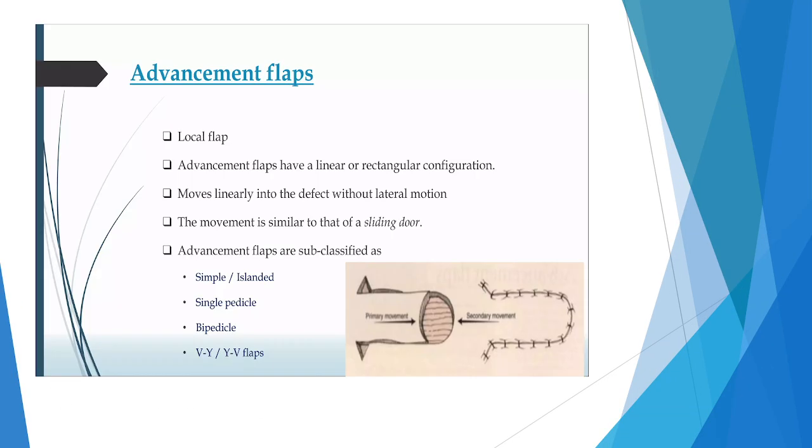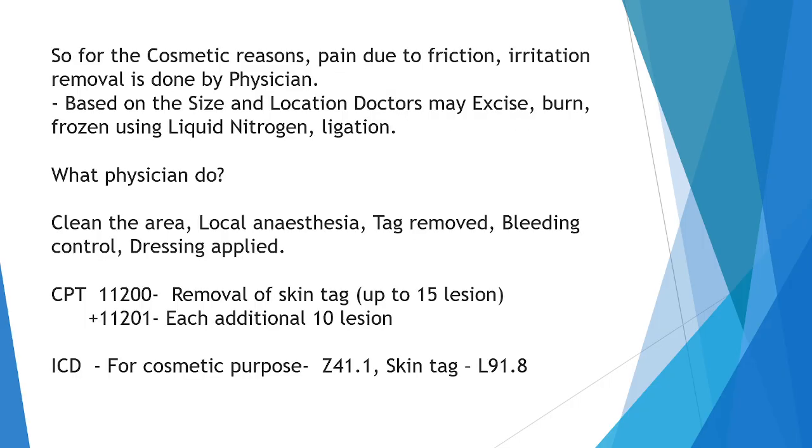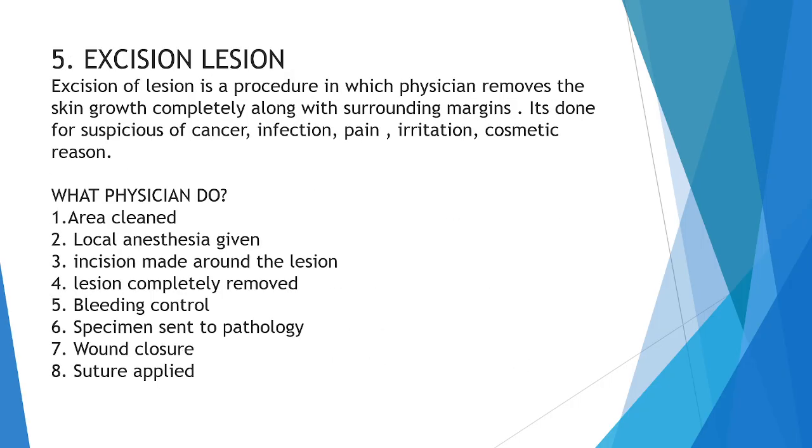That is after removal of skin tag, excision lesion. What do we mean by excision lesion? It is a procedure in which the physician removes the skin growth completely along with the surrounding margins. It is done for suspicion of cancer, irritation, and sometimes cosmetic reasons.